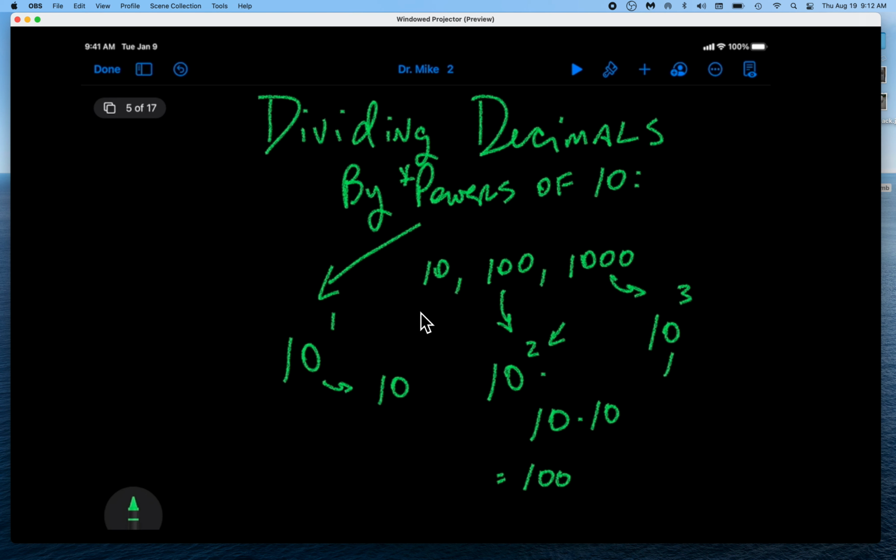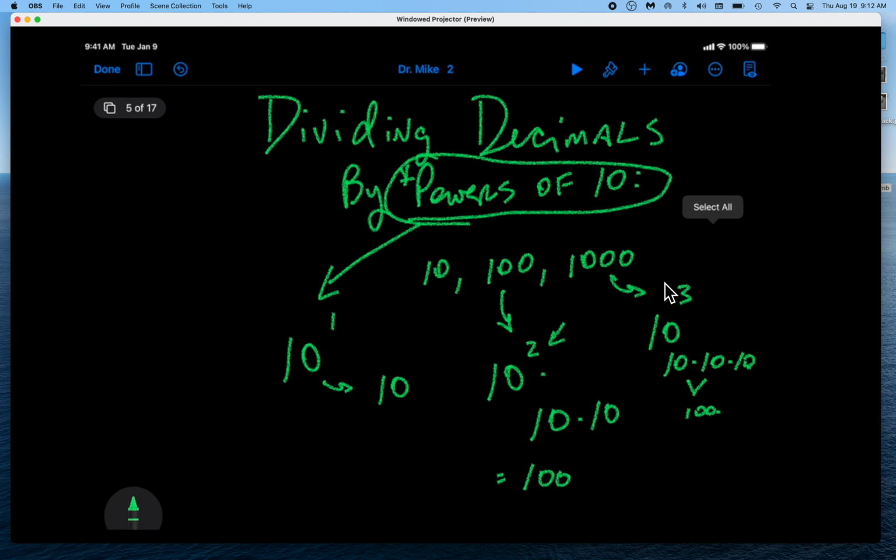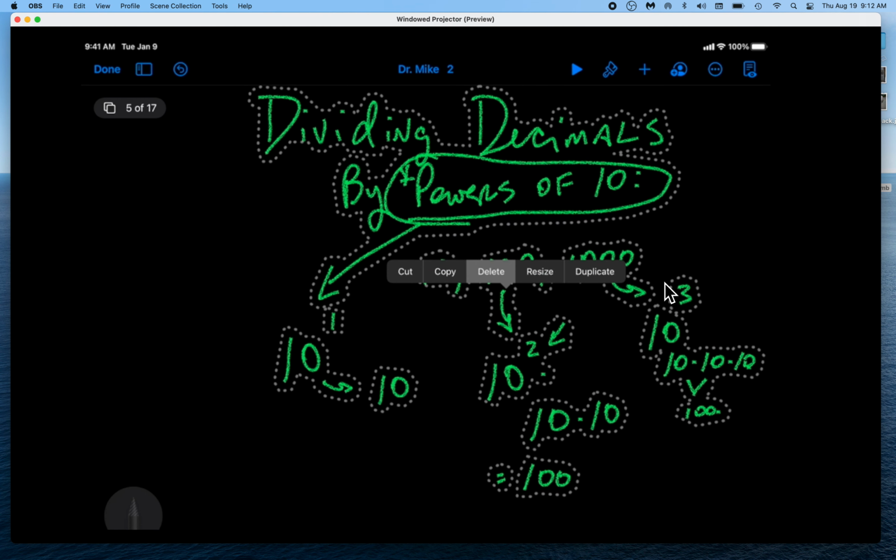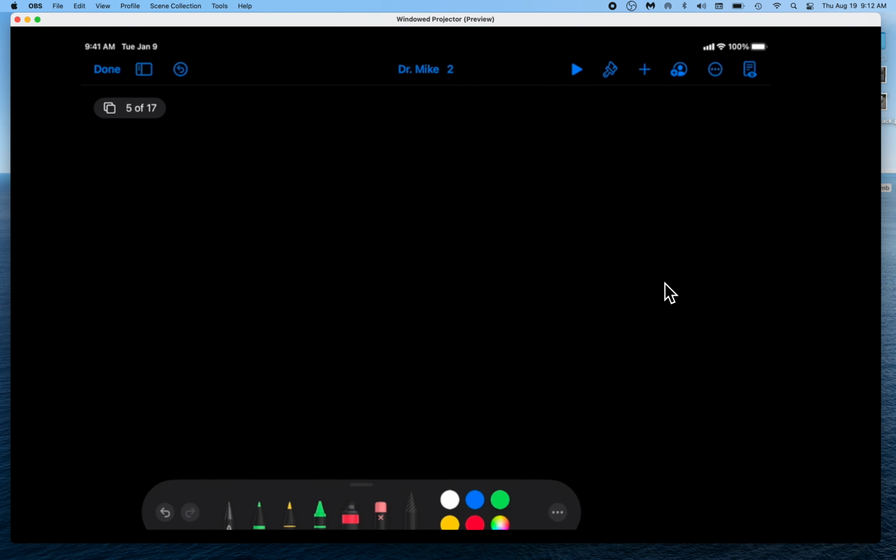So that would be 10 times itself 3 times. So 10 times 10 would be 100, and then 100 times 10 would be 1,000. So that's what we mean by powers of 10. So in this section of the video, we are going to be dividing by 10, 100, and 1,000. And specifically, we're going to be dividing decimal numbers.